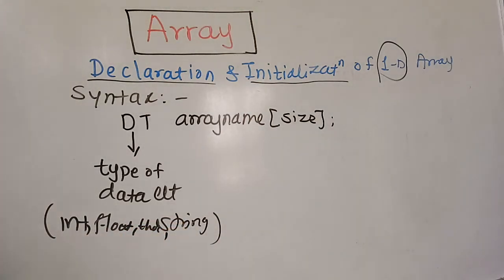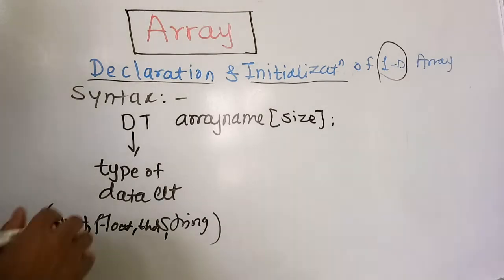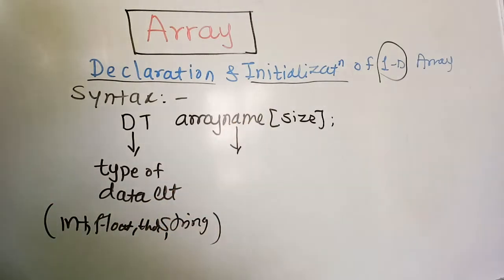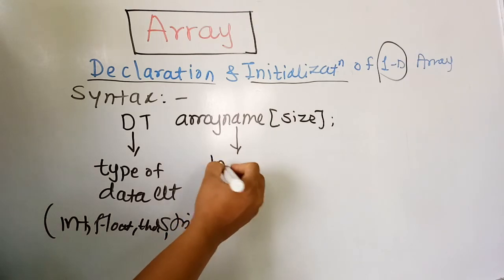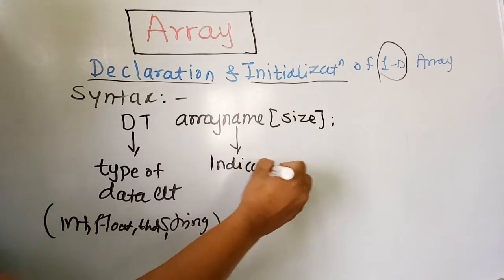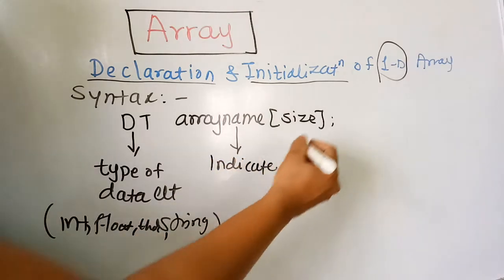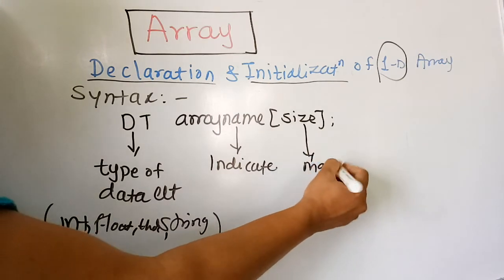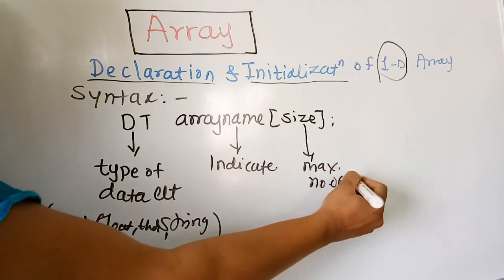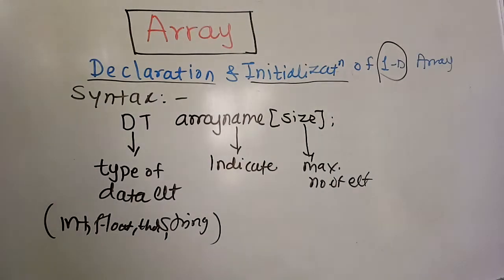But all elements have the same data type. The name of the array is nothing but the user-defined name to indicate your data items, and size is nothing but the maximum number of elements that should be allowed in this array. It will depend on the user's requirement. No fixed value is specified.